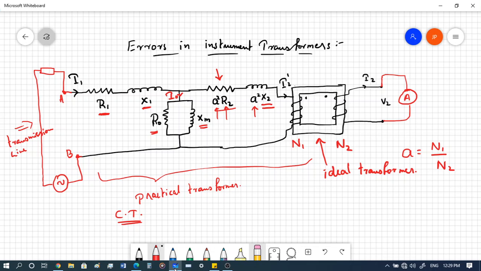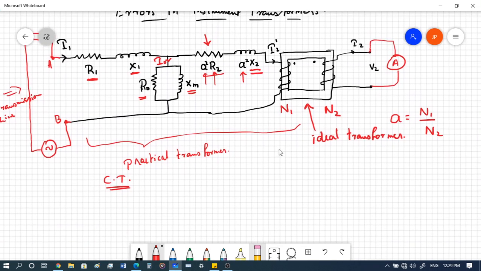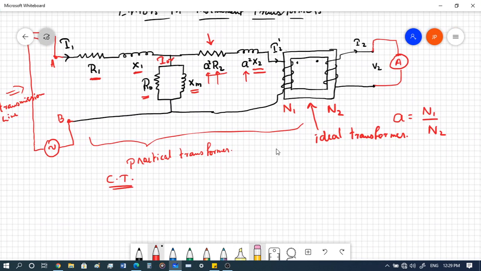Finally we have the ideal transformer on the right. Ideal transformer means there are no losses and the transformation ratio is perfect, which is N1 by N2 is equal to V1 by V2, or we can also write I1 N1 is equal to I2 N2, right?